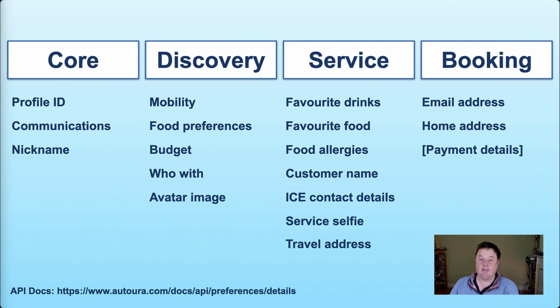This is called progressive disclosure. For example, when you are personalizing tour search on a website, the website doesn't need to know the consumer's name. The website just needs to know the consumer doesn't eat meat and is traveling with kids. Only if the consumer decides to book do they need to disclose who they are and share their name and email address.